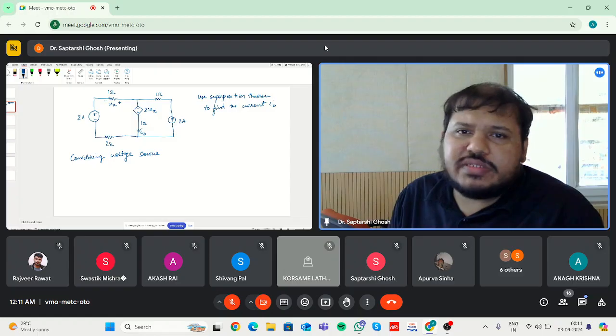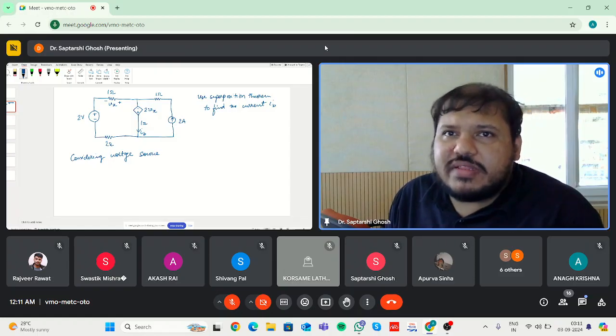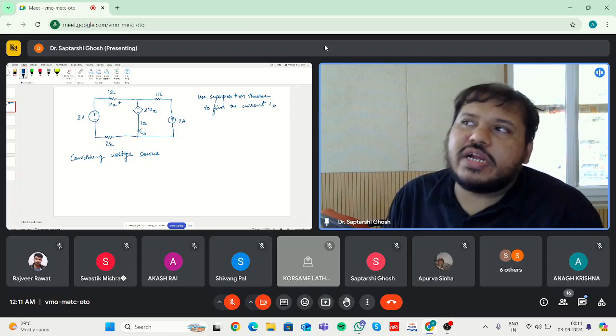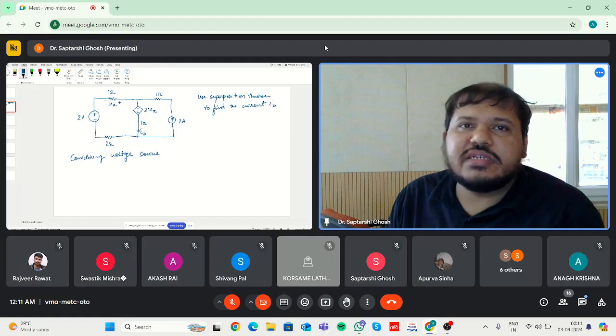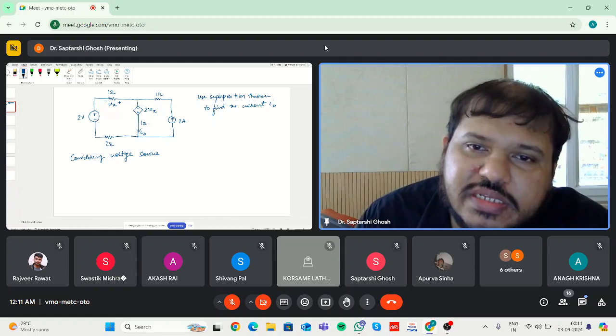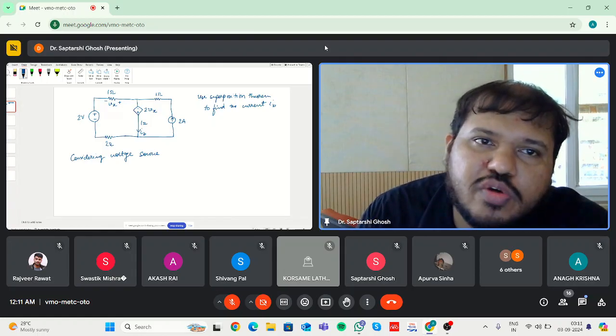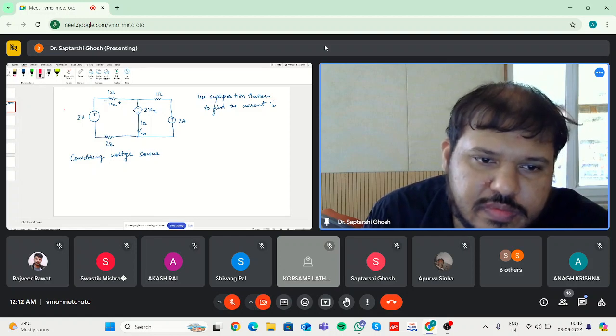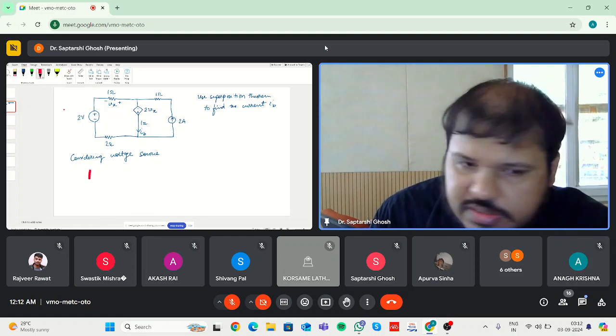Deactivating a current source means replacing it with its ideal internal resistance. For a current source, the ideal internal resistance is infinite. So you can replace this current source with an open circuit. So your circuit will look like this.